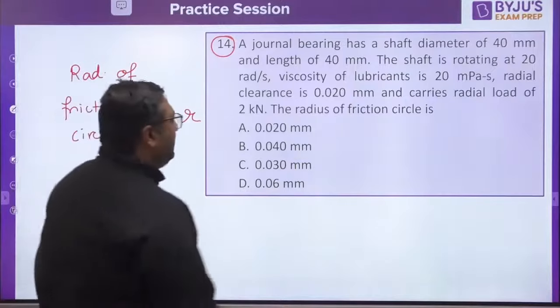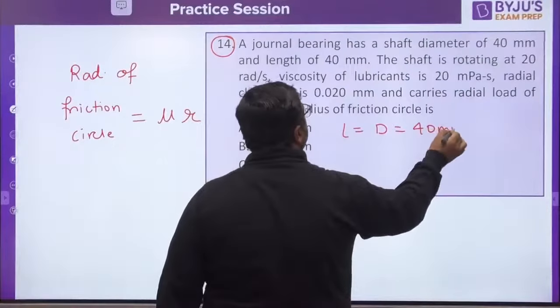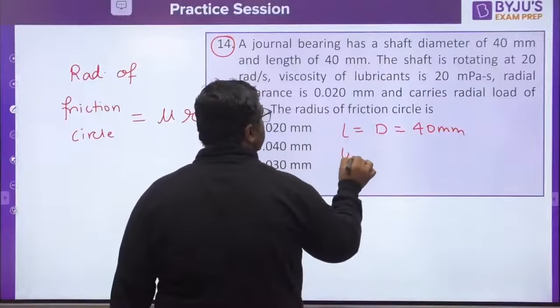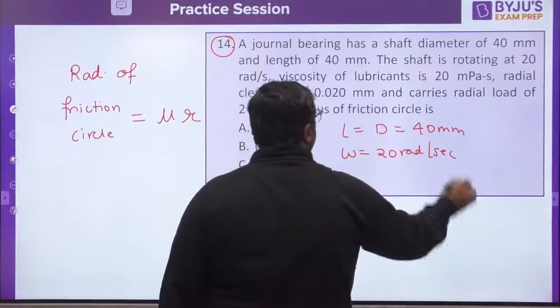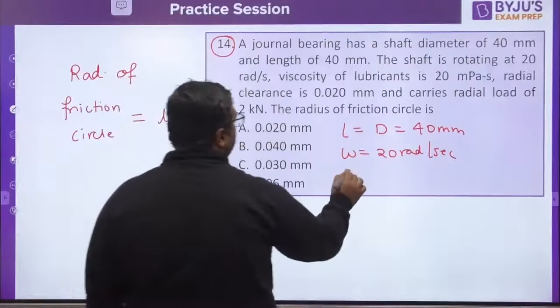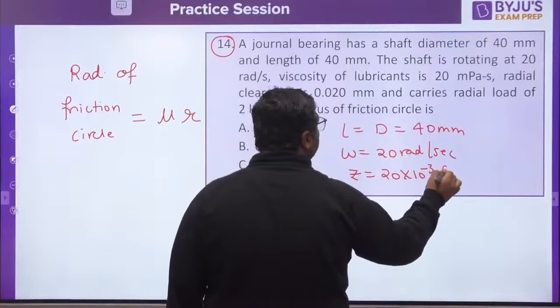So the data is L is equals to D is equals to 40 mm. Speed is 20 radians per second. Viscosity is 20 into 10 power minus 3 Pascal second.